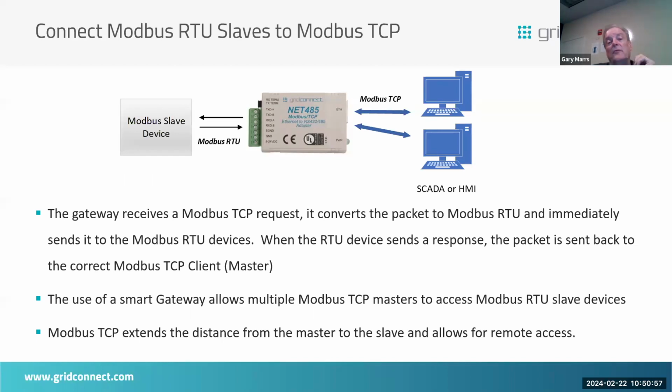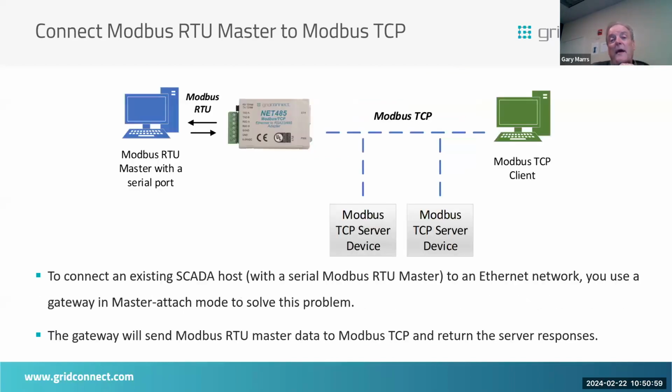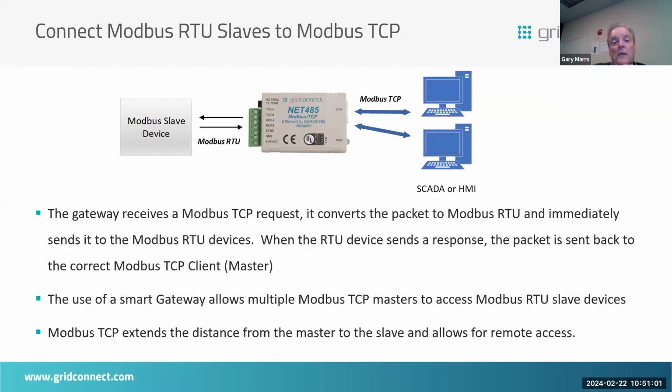Okay, so now you understand the two different modes with which the gateway operates. Here's a very common application scenario that we can solve with a gateway. You have a Modbus RTU slave device, and your customers want you to add Modbus TCP.